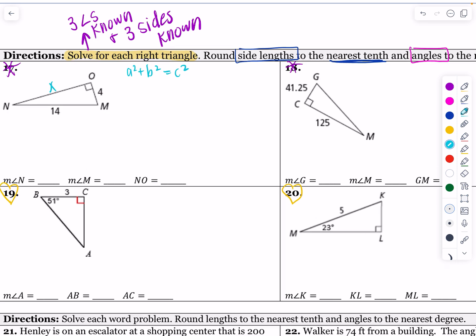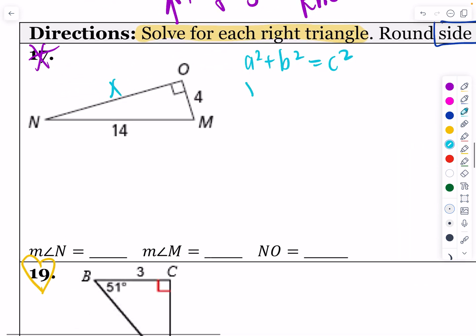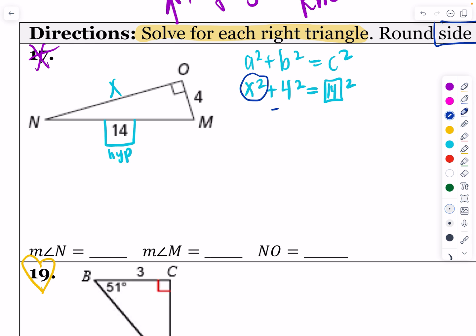I'm missing a leg. So that x, I'm going to fill in for the a squared plus the other leg squared equals my hypotenuse squared. Well, what is my hypotenuse? My hypotenuse is 14. So I'm going to go ahead and label that from the beginning. That needs to go where c is. So that's going to be equal to 14 squared. Okay. So to get x squared by itself, we're going to subtract 4 squared from both sides.